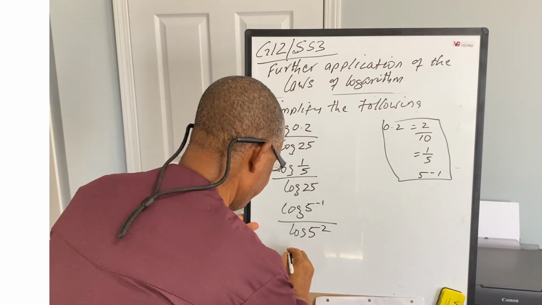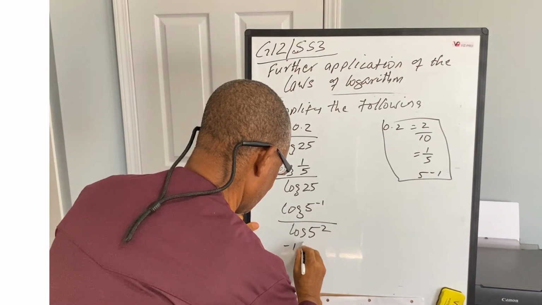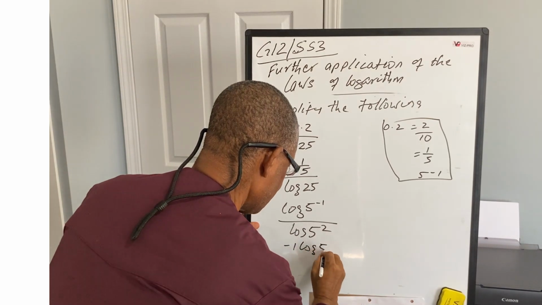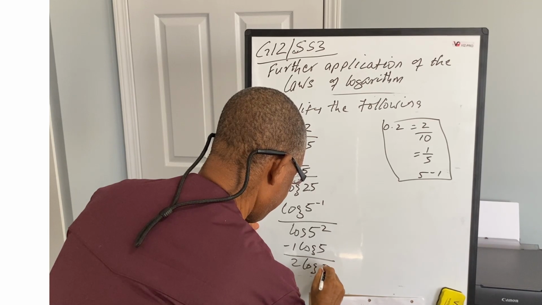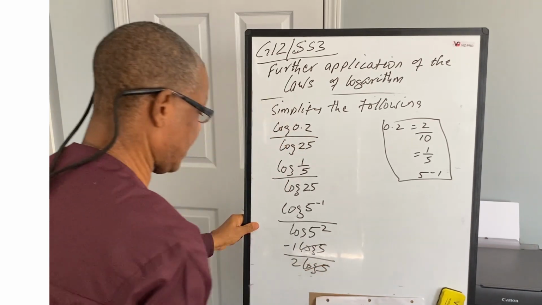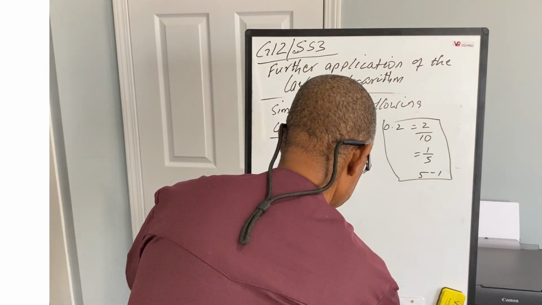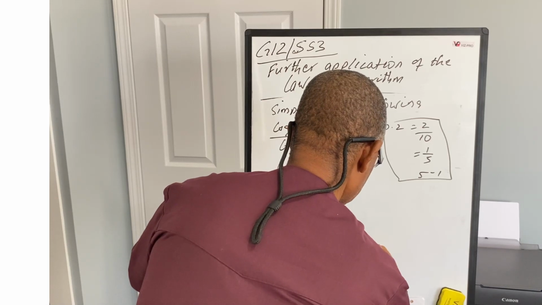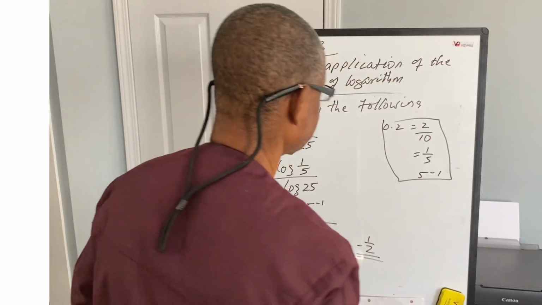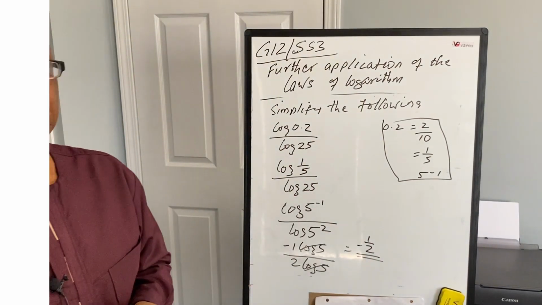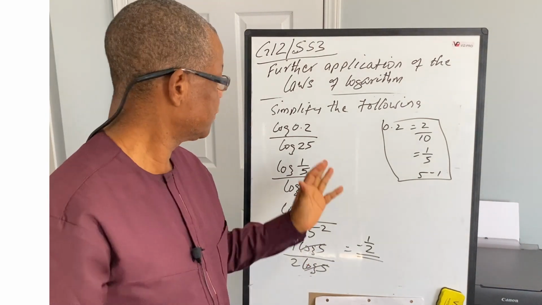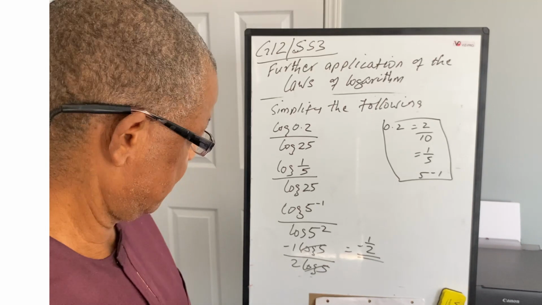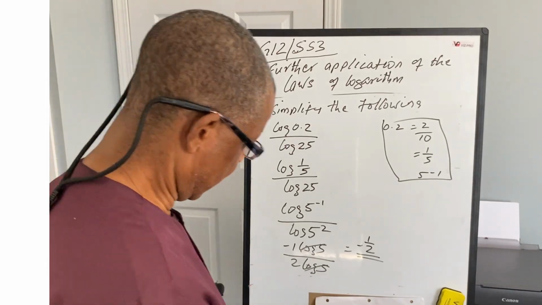And we now have minus 1 log 5 over 2 log 5. Log 5 cancels log 5. Our result is minus 1 over 2. That is a simplification for this given logarithm.